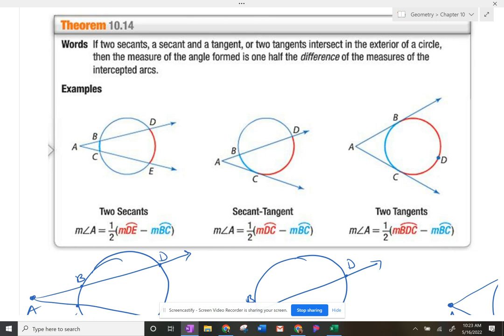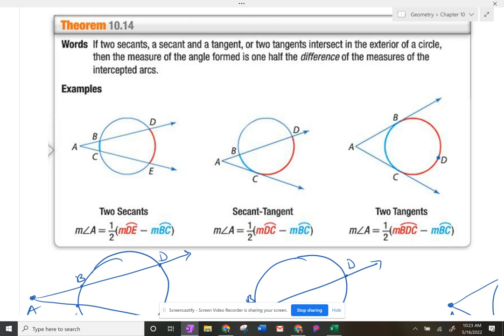If you have them intersecting outside of a circle, you'll take the big angle minus the little angle and divide by 2. Again, it tries to tell you these letters, but just remember it's the big angle minus the little angle divided by 2. And that's going to equal a point.